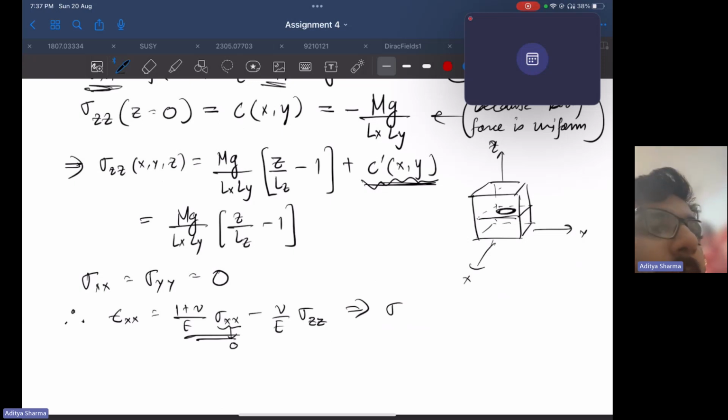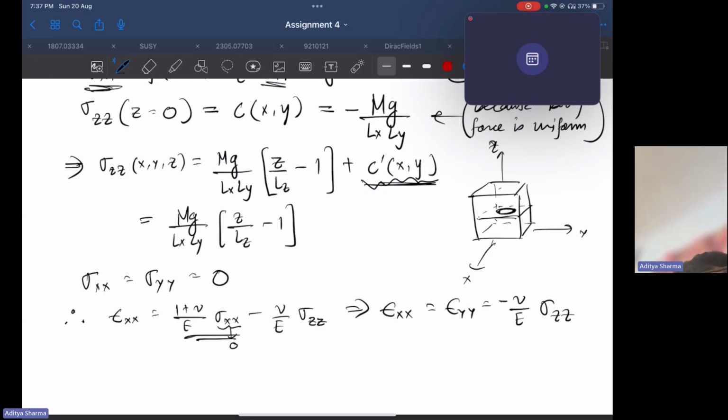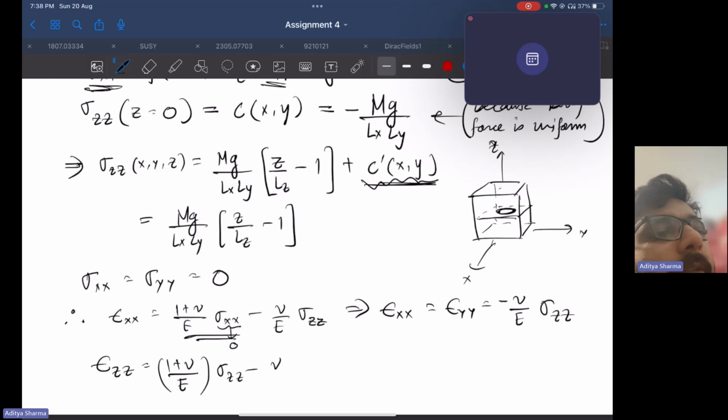So epsilon xx is minus ν/E σzz. Similarly epsilon yy is minus ν/E σzz. And epsilon zz will be ν/E σzz minus ν/E σzz. This gets cancelled. This is just σzz by E.